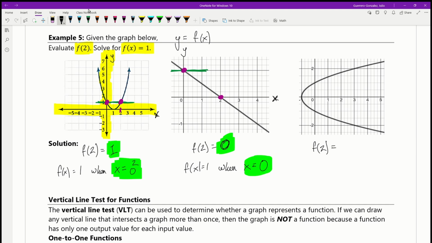Okay, hopefully you guys see where this one's going. So in this case, my input value is 2. So here's my input value of 2. I want the y values for it.